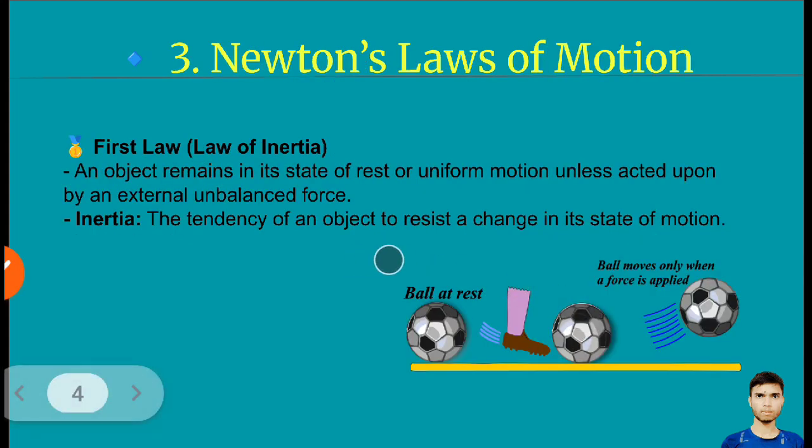Next, we have Newton's laws of motion. We are starting with the main topic of this lecture, Newton's laws of motion. The first law of Newton is also known as the law of inertia, and we will understand both. The meaning of both the first law of Newton and the law of inertia will be the same.